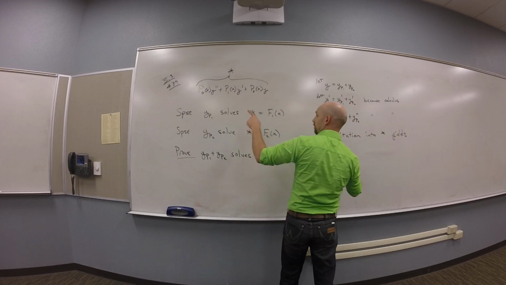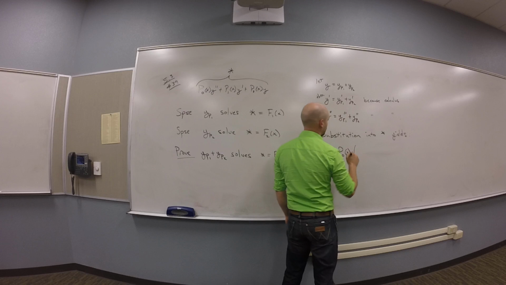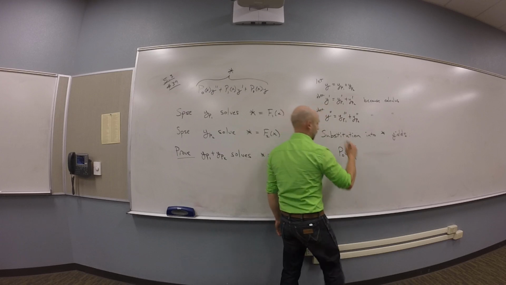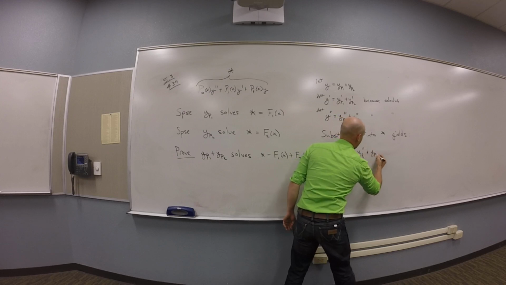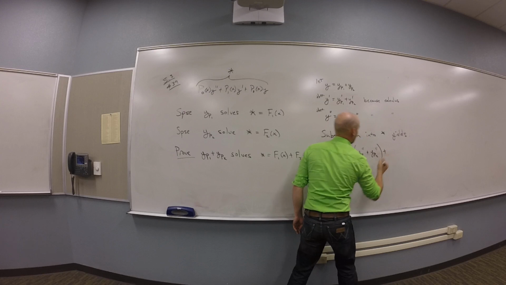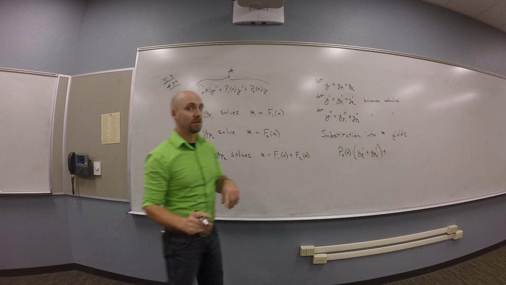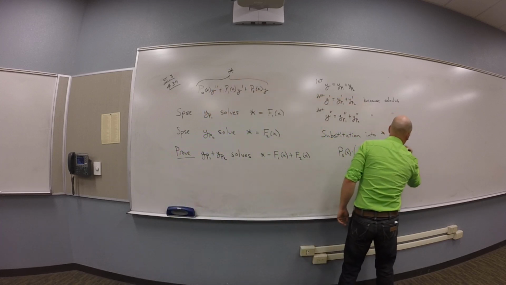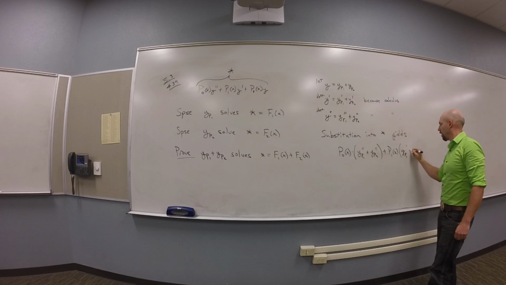P0 of x times y double prime, which is yp1 double prime plus yp2 double prime, plus P1 of x times yp1 prime plus yp2 prime.